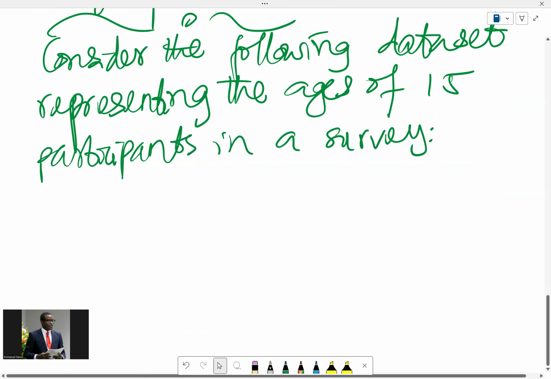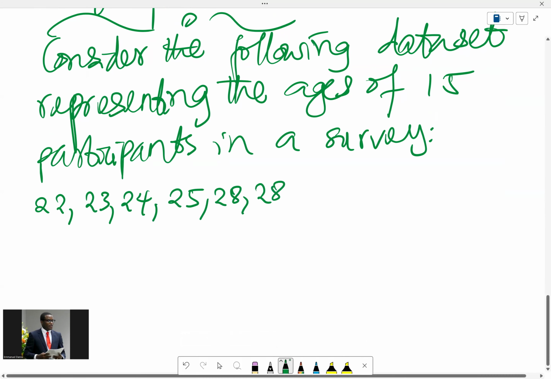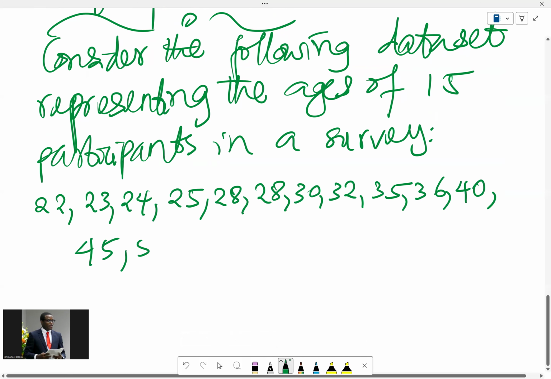The values are 22, 23, 24, 25, 28, 28, 30, 32, 35, 36, 40, 45, 50, 70, and 100.